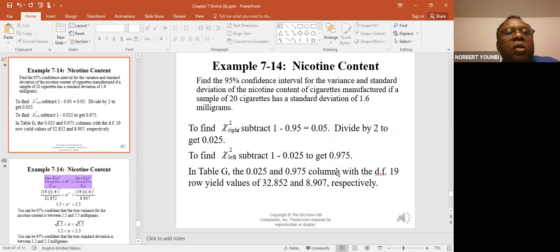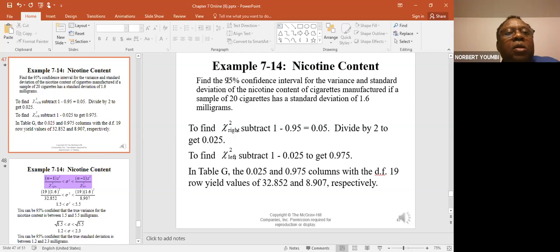Example: find a 95% confidence interval for the variance and standard deviation of the nicotine content of cigarettes manufactured, if a sample of 20 cigarettes has a standard deviation of 1.6. So the sample size here is 20, and the standard deviation is 1.6. What we need is to find chi-square left and chi-square right.